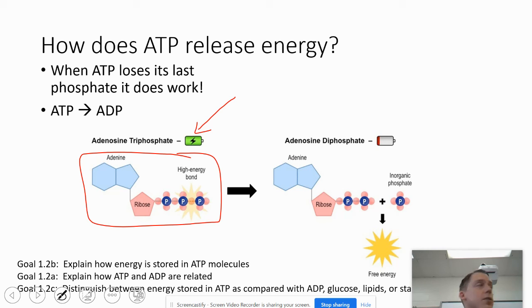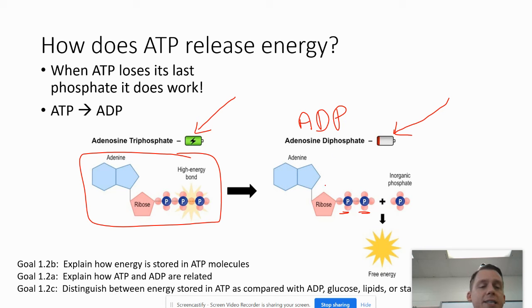Well, when ATP loses its last phosphate, it becomes ADP, adenosine diphosphate. That is for 2 phosphates that are left. And then we have a free one that is now floating around. So the energy has been released, and so the battery of ATP has been drained. So ADP is like a partially filled battery, not totally filled, right? So that is how ATP gets used.